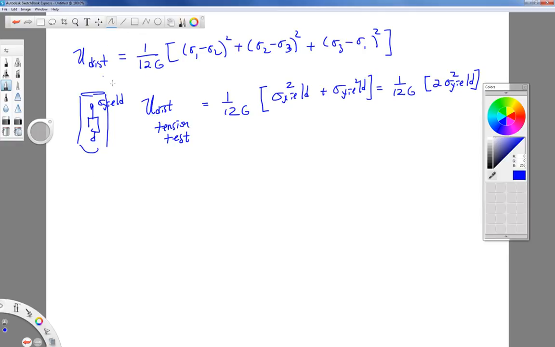Let's equate these two. 1 over 12G times 2 sigma yield squared is equal to this complicated stuff on this side. I'm going to go ahead and write it again. Take me just a moment.